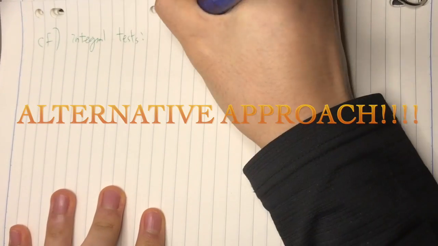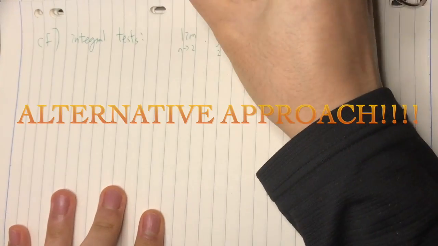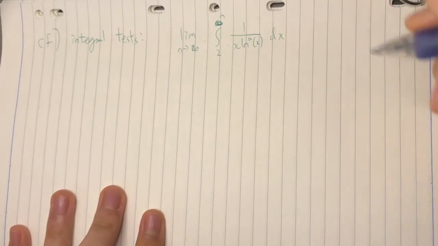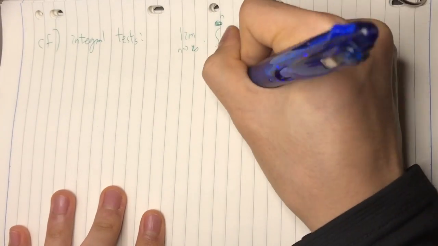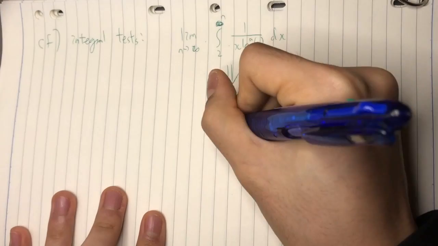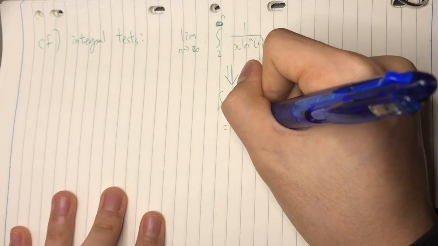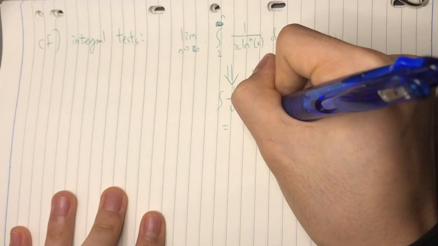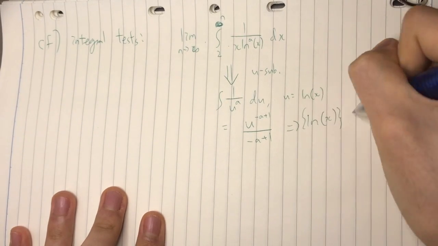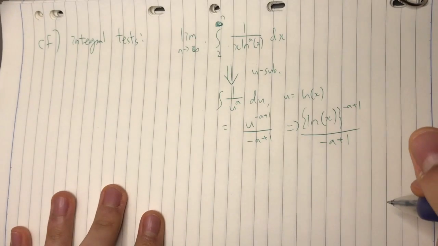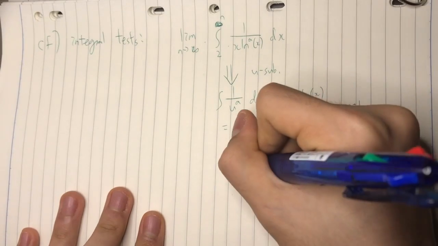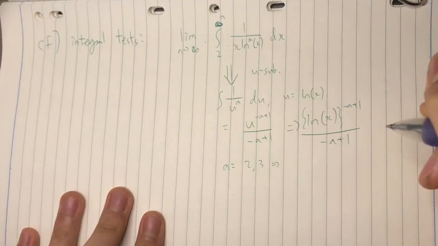But we can also use an integral test by setting up, instead of 3 separate integral tests, a generalized form of 1 over x times ln to the a of x. We're going to do a u substitution, and instead of 3, 2, 1, we're going to generalize as a, and the form comes out very similar. It's going to be as follows, and let us just plug back in 1, 2, and 3 for a.